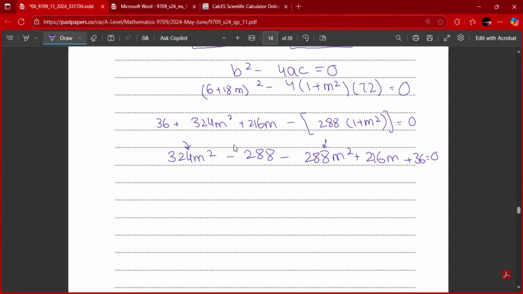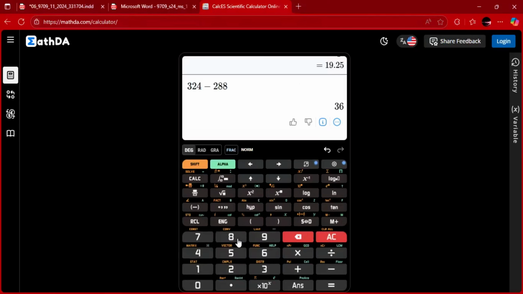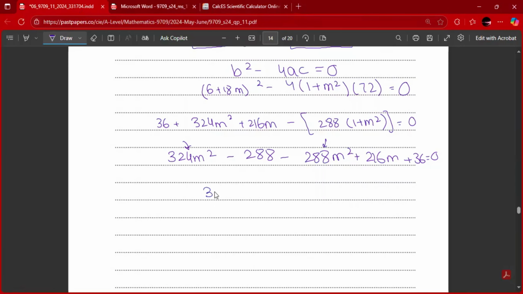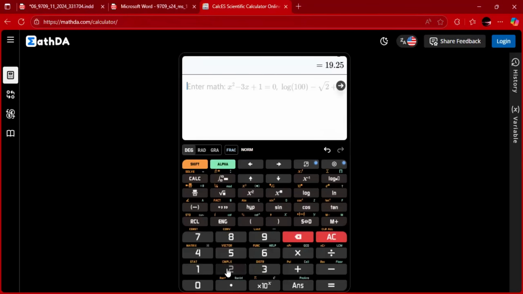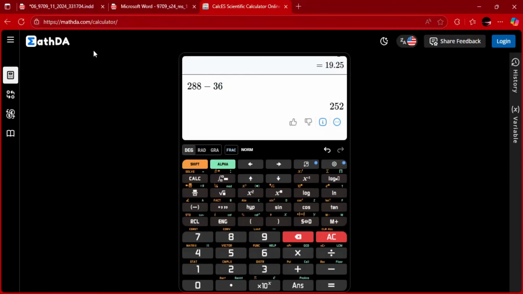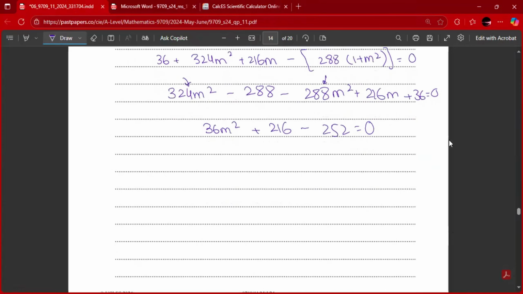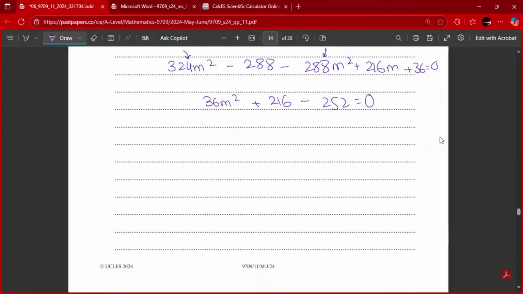What do I get? 324 minus 288 is 36, so 36 m squared plus 216m minus 288 plus 36, minus 252 is equal to 0. Let's see if there's something common.